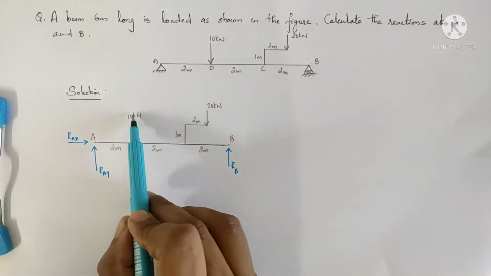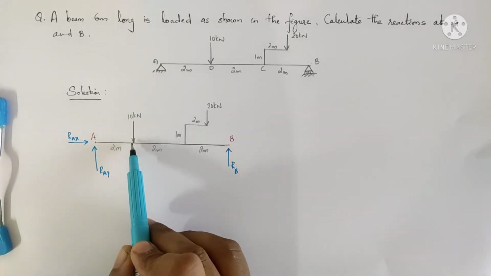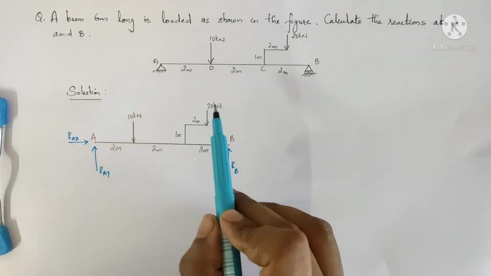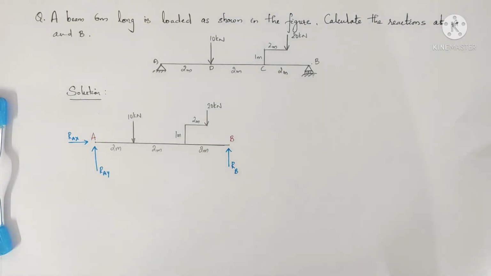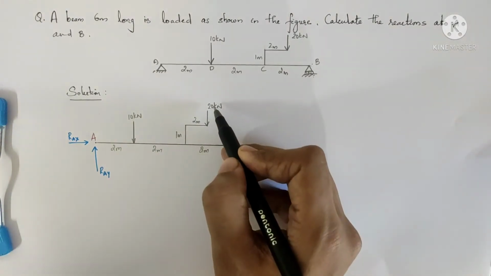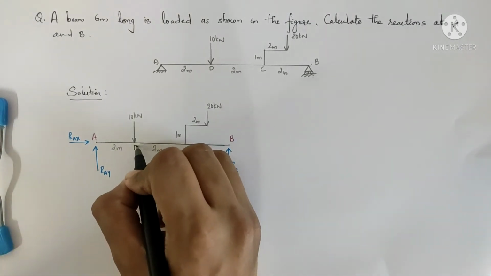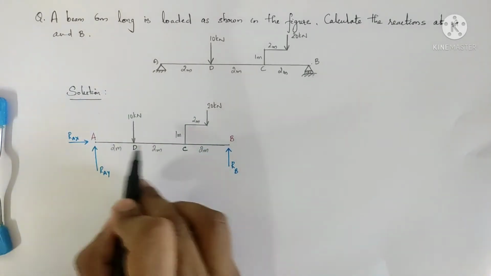Now here we have 10 kilonewton acting downwards and 20 kilonewton acting here. To solve the problem we have to transfer this 20 kilonewton to point C. This is point D, this is point C. AB is the beam.